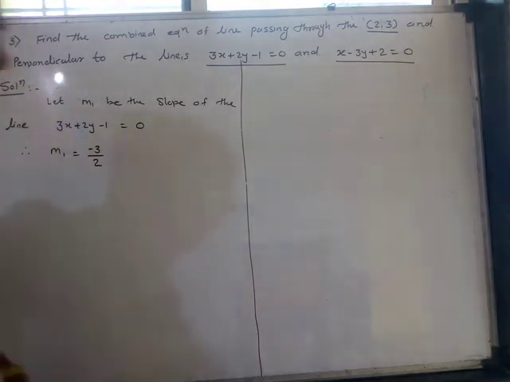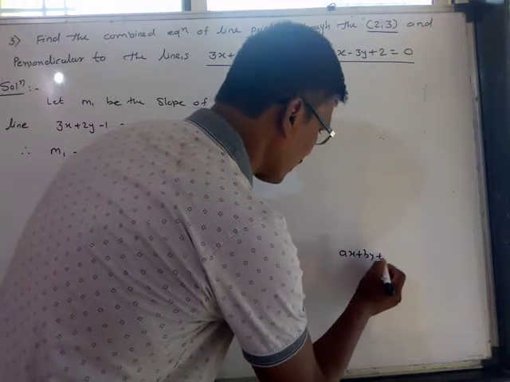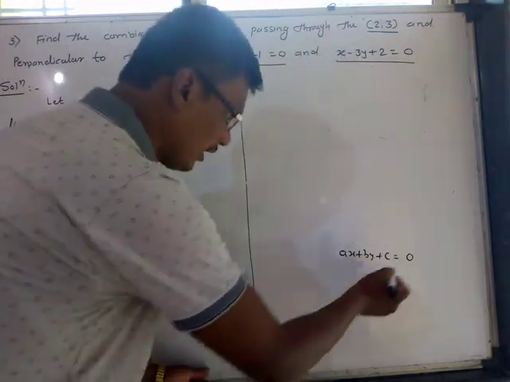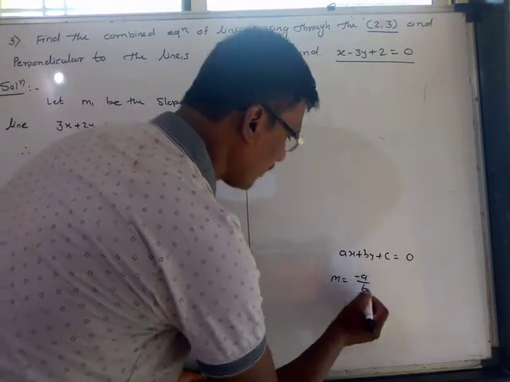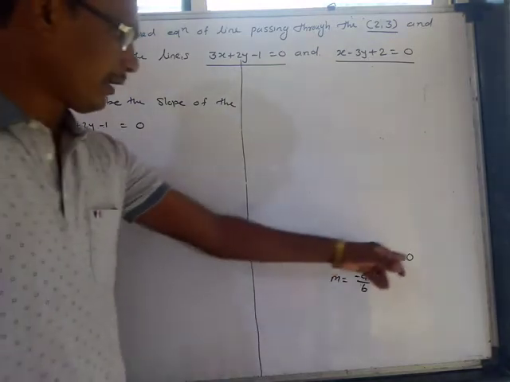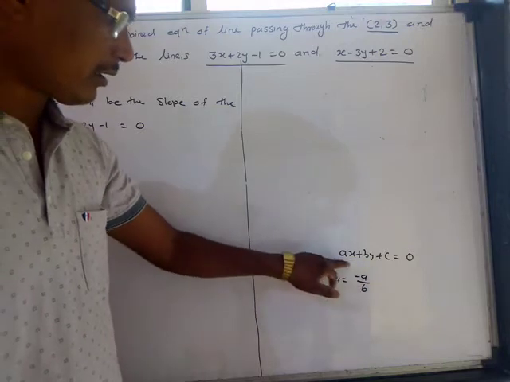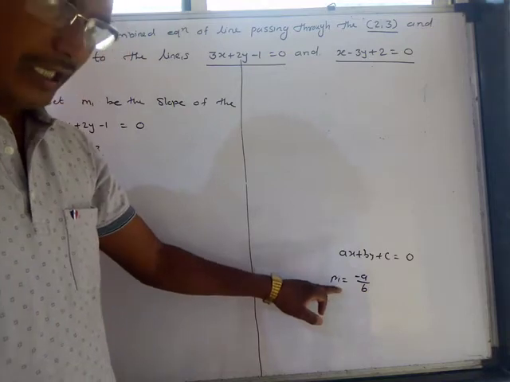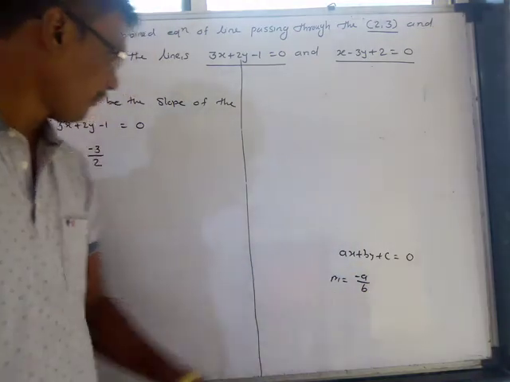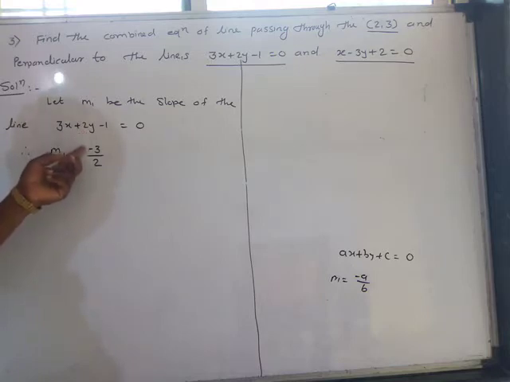We know that the equation of the line is like this: ax plus by plus c is equal to 0. Then the slope of this line m is equal to minus a upon b. So in 11th standard we have studied this general equation of the straight line, and the slope of this line is given by m is equal to minus a upon b. So m1 is equal to minus a ची किंमत 3 and b ची किंमत 2, therefore minus 3 by 2.